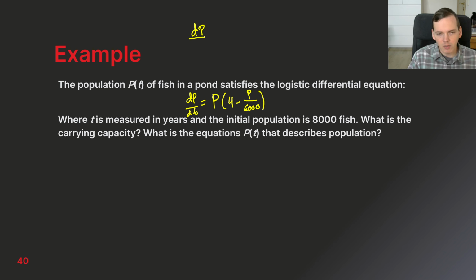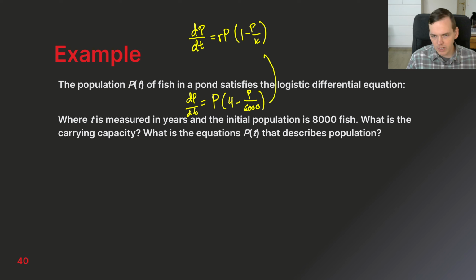I'm going to write the general logistic differential equation up here for reasons that will make sense in a second. What is the carrying capacity? Well, if we can somehow get the equation down here into the form up there, we'll know the carrying capacity just by looking at the equation.